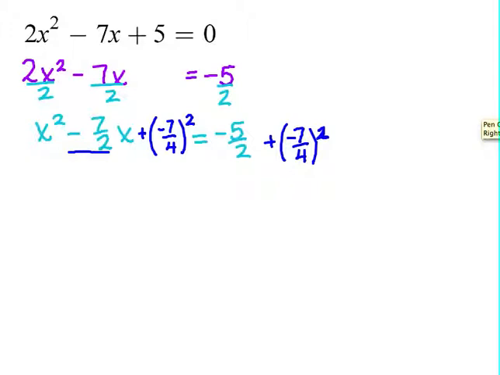On the left side, what will I get? X and minus 7/4 quantity squared. Because remember, you take whatever the first term is squared, whatever the last term is squared. On the right side, I need to add those together. So -7/4 squared is actually 49/16.